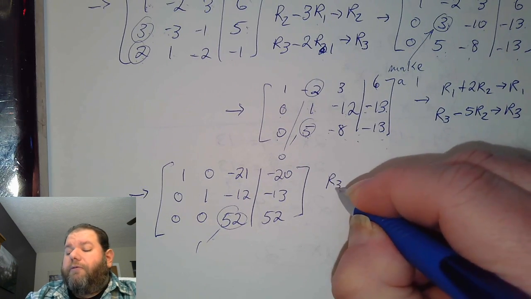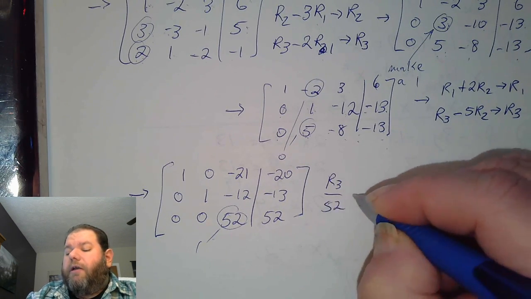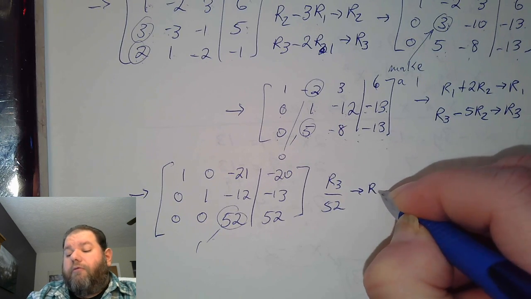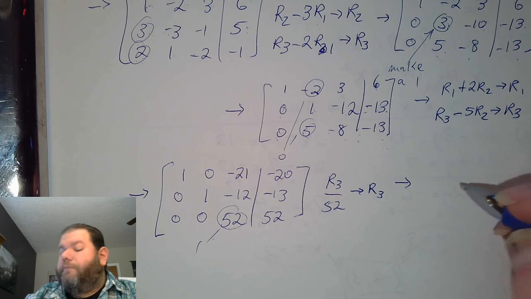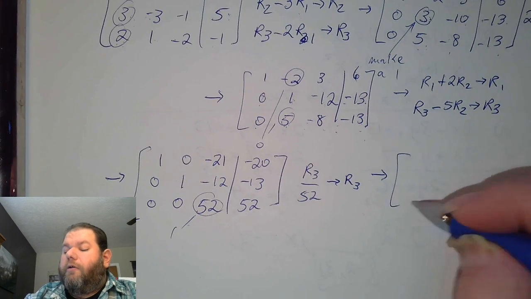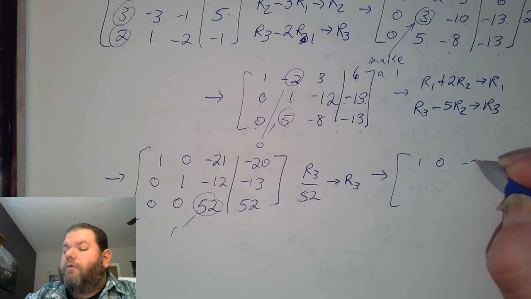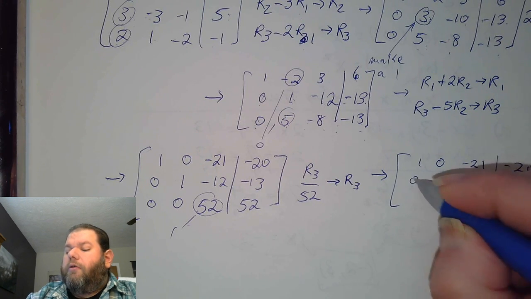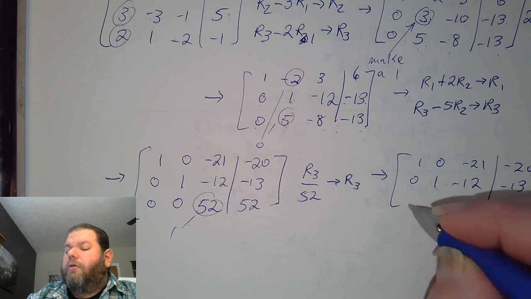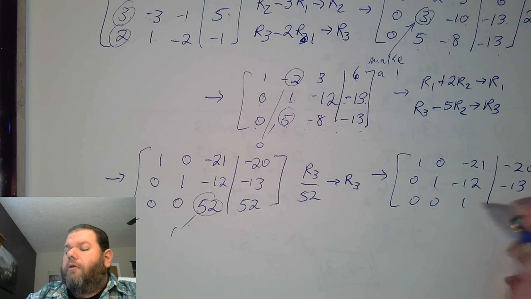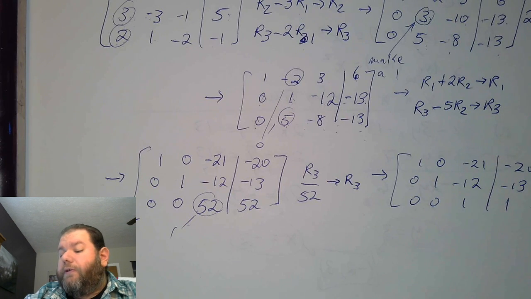So we're just going to take row 3 divided by 52 and make that the new row 3. So dividing those both by 52 just gives us a 1 for each of those.